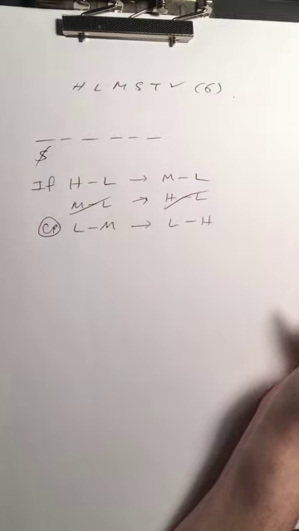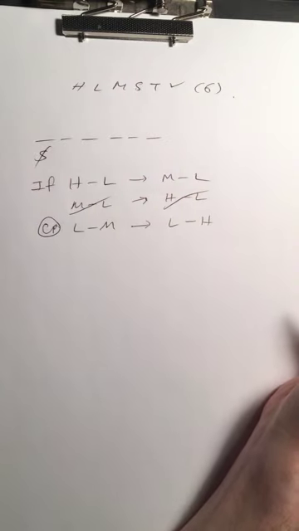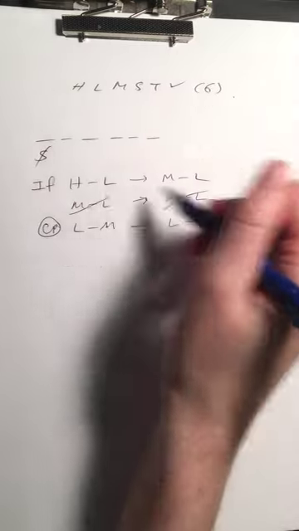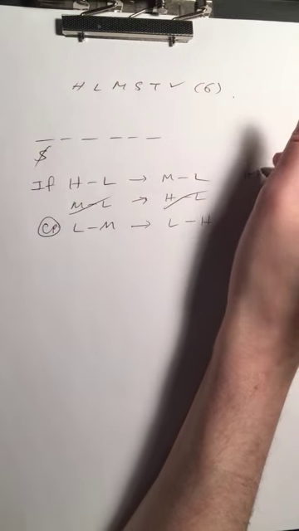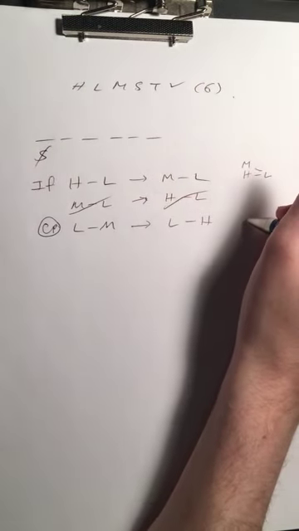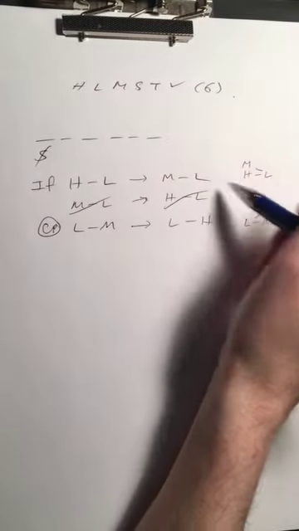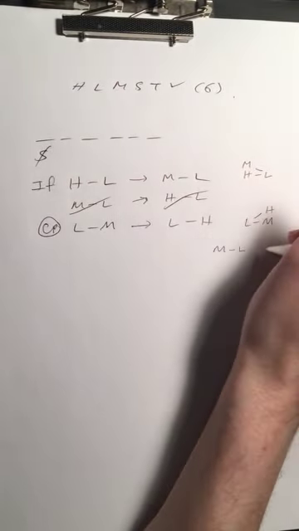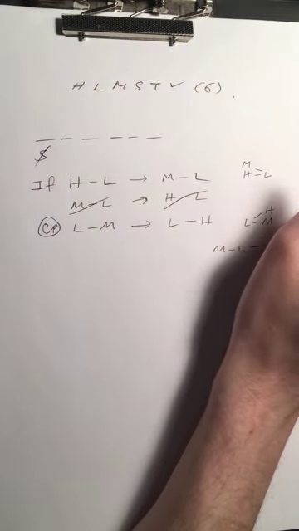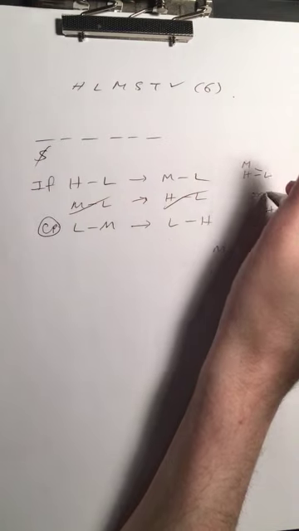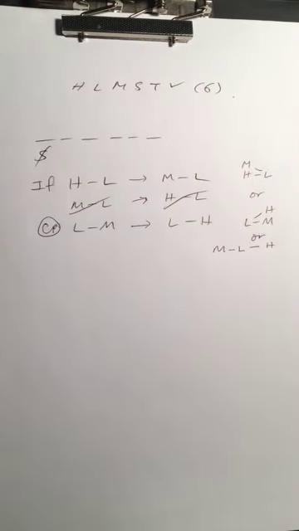So there's our contrapositive. One thing that I want to make note of here is this doesn't necessarily mean that L is either before both M and H or after both M and H. So in this case, if we know H is before L, then we know M is also before L. And if we know M is after L, then we know H is also after L. But we could avoid the triggers altogether by putting M before L and L before H. So those are the three possibilities that we get from this rule.